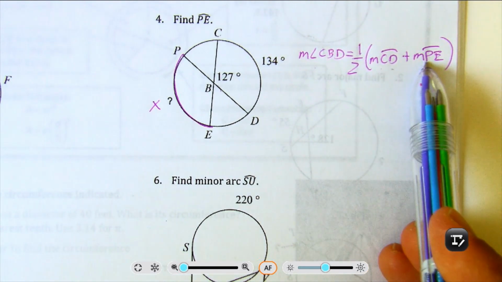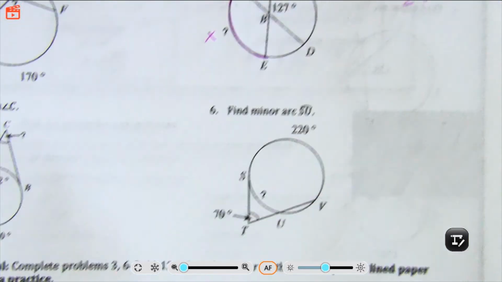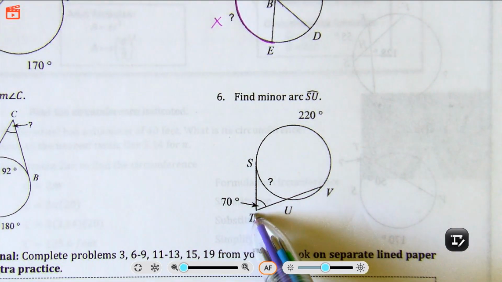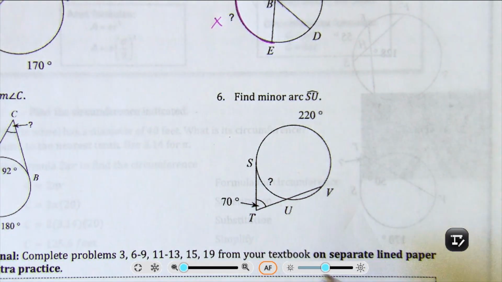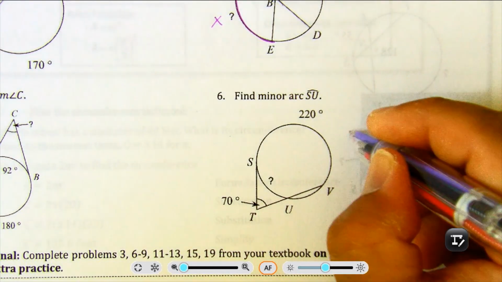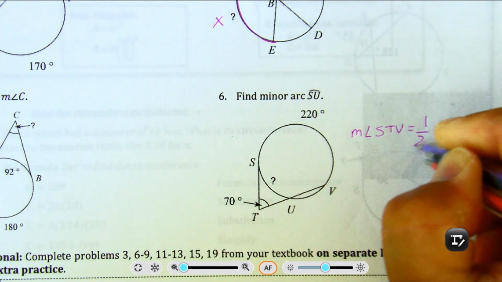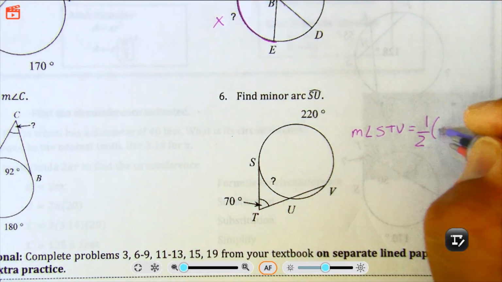Okay, the last example that we'll do together is number 6. And the vertex on this one is outside the circle. So this should be a good indication that this will be a subtraction problem. So the measurement of angle STV is equal to 1/2 of the large arc, the measurement of arc SV, minus arc SU.